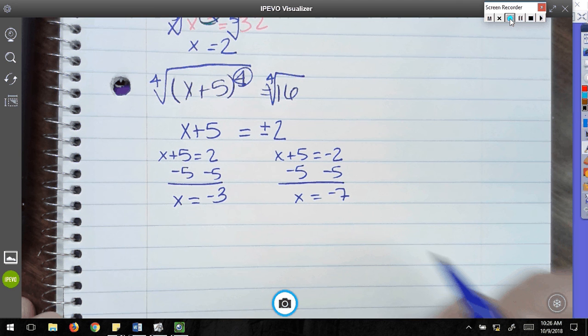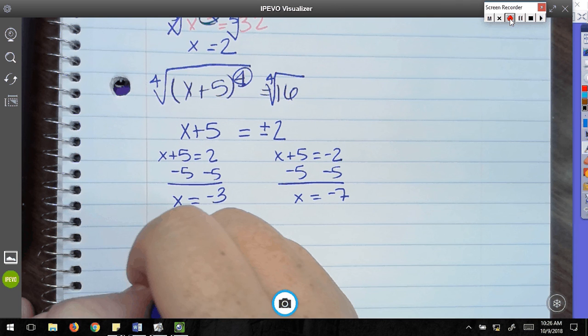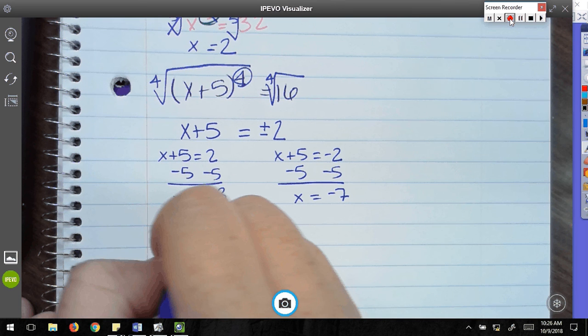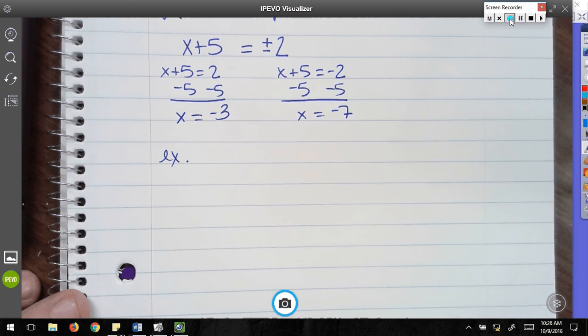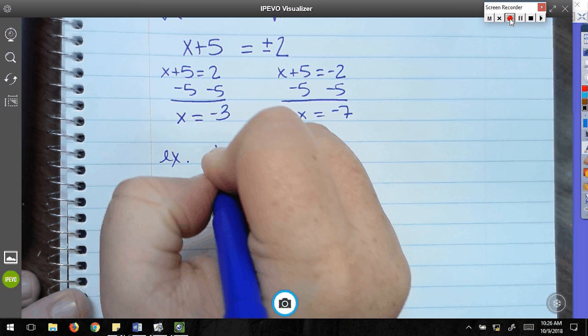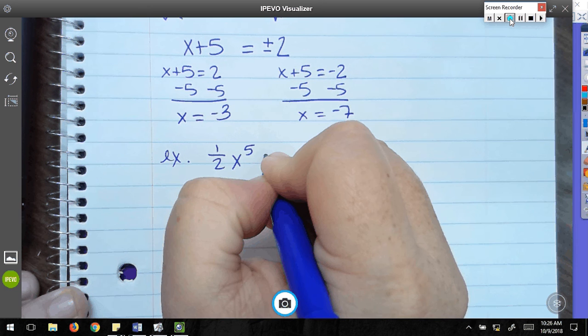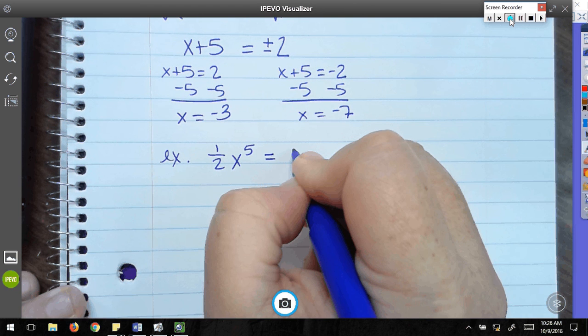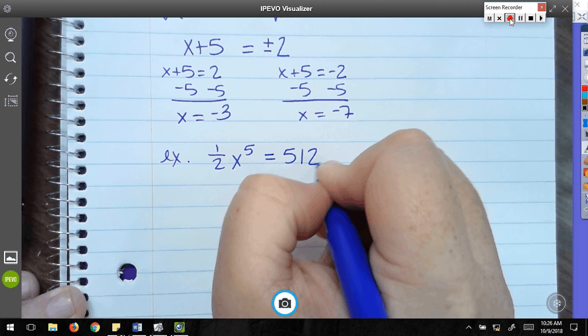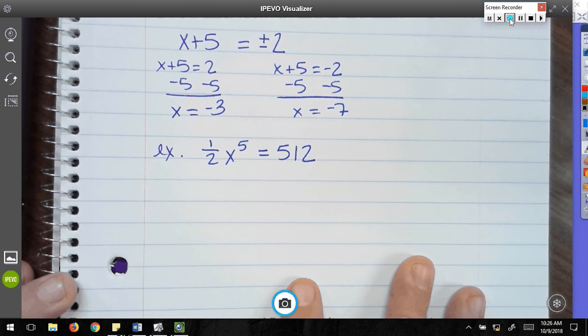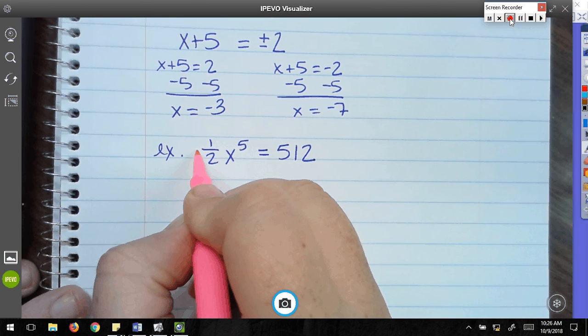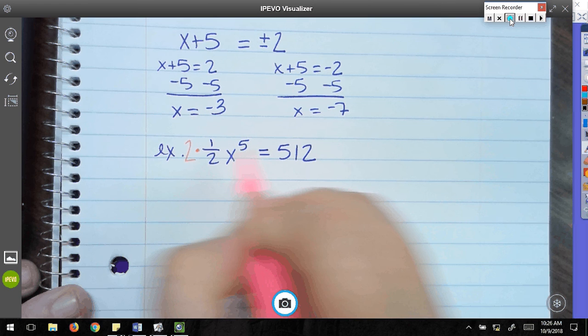Let me give you one to try here, and then we'll come back and do it together. Let's try 1/2 x to the 5th equals 5/12. So as you solve this, of course, to get rid of that fraction, we're going to multiply by the reciprocal here.